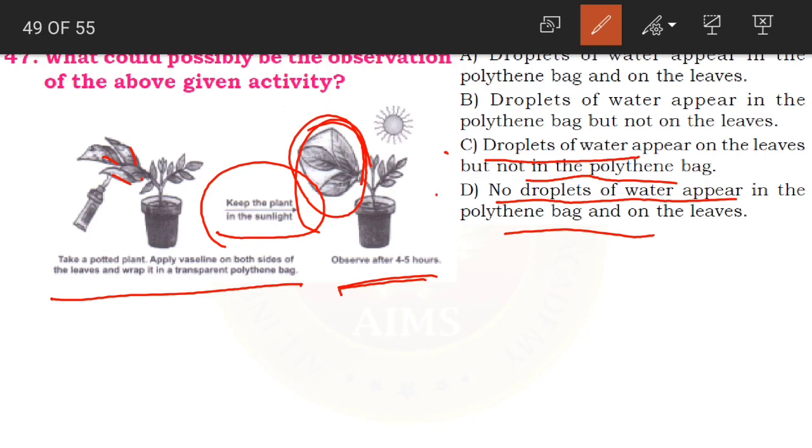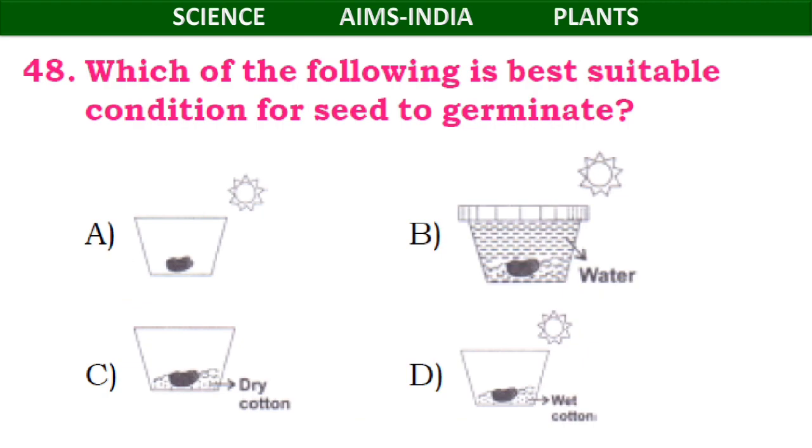So that is why D is the correct answer. No droplets of water appear in the polythene bag and also on the leaves, because the Vaseline is going to block the stomata there. So there is no gas exchange and no water vapor is going to appear. Clear, children? So D is the correct answer.